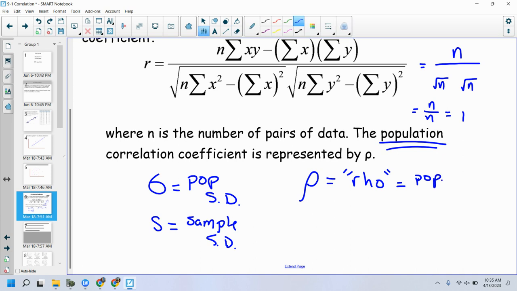This is the population correlation coefficient. Our R value is the sample correlation coefficient.